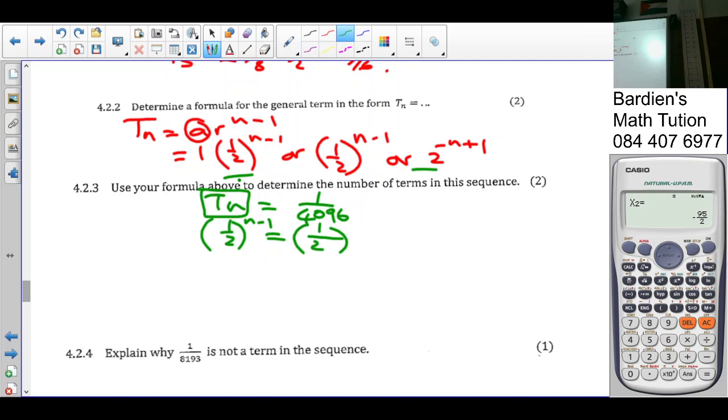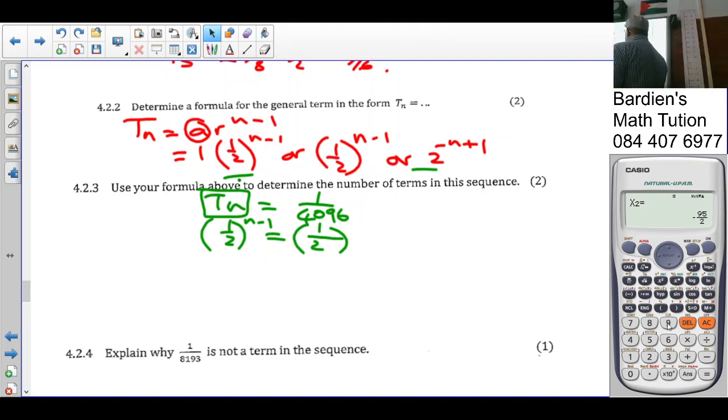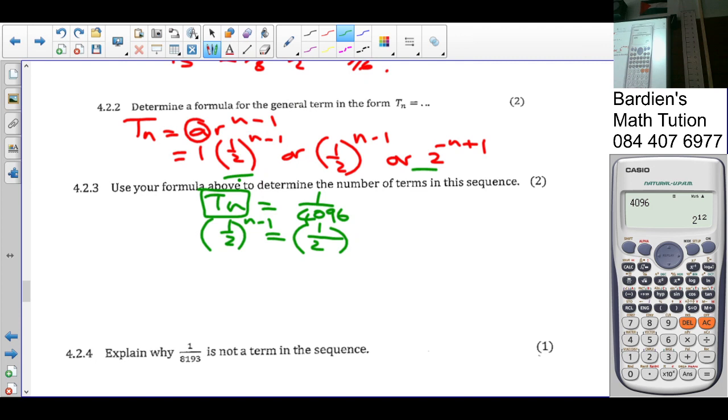Not so? 4096 can be written as 2 to the 12. Therefore, n minus 1 is equal to 12. Therefore, n is equal to 13.